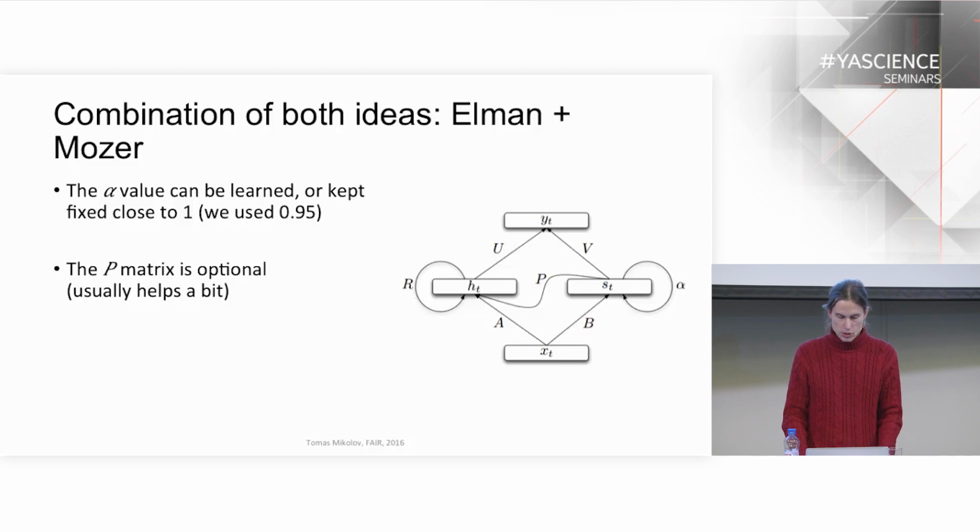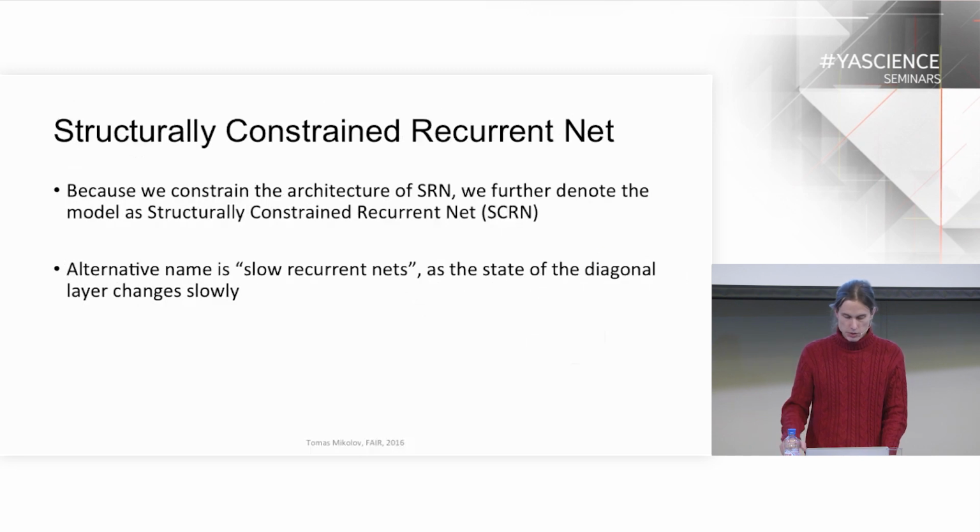And then there is the connection, so that the slowly changing hidden layer is connected also to the quickly changing one through the matrix P, which helps a bit, by a few percent in perplexity, in the results that I will show soon.